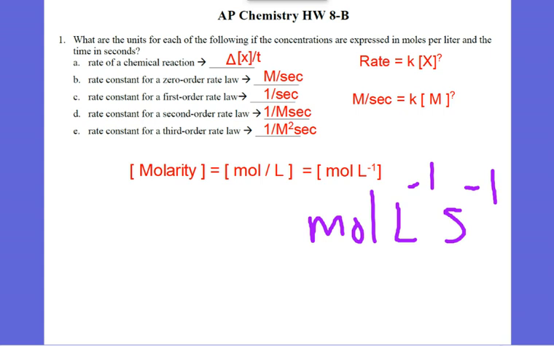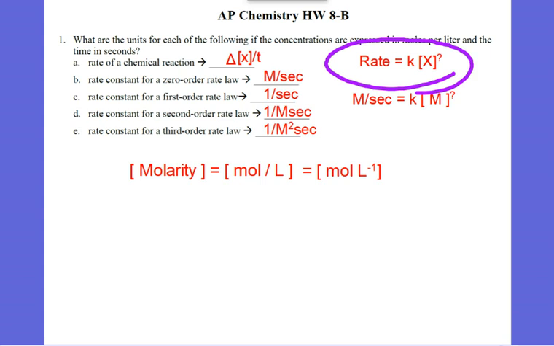If we're talking about the rate constant units, the rate constant is trying to make the two sides of a reaction equal. So here is our basic rate law. We have the rate, we have a constant, we have the molarity of some substance X, and that substance X is going to be raised to some certain order or exponent.